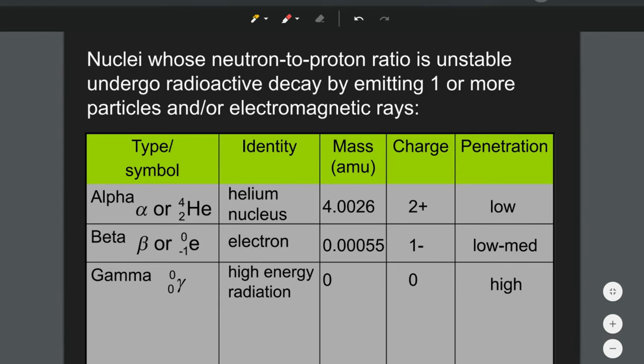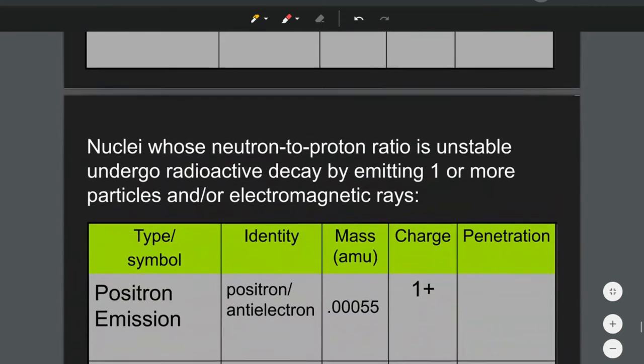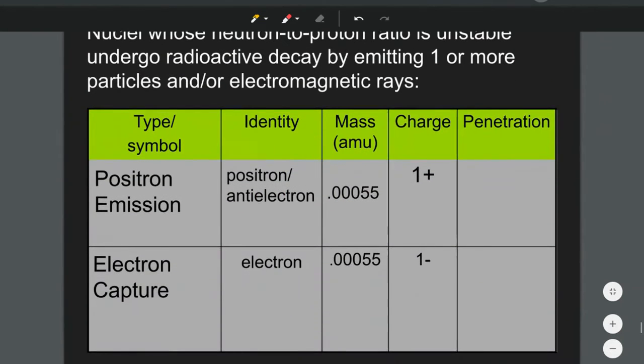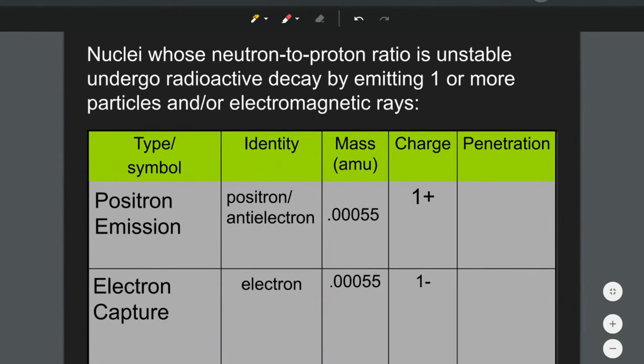And then the final one here, we've got gamma radiation. Gamma radiation is not a particle itself. It's just, again, a type of high energy radiation, and so a very dangerous type of nuclear decay. And there are two other types. Basically, they're both electrons, but they happen a little differently in the nuclear reaction. One is called a positron, and basically it's an anti-electron.